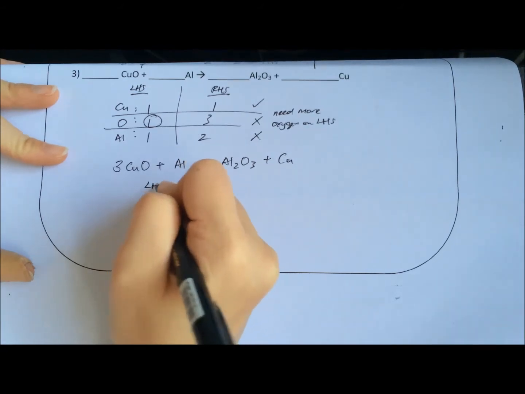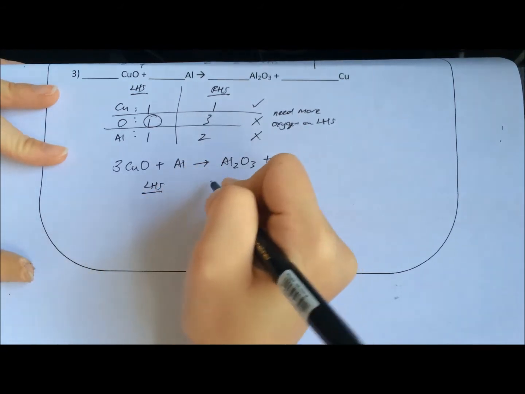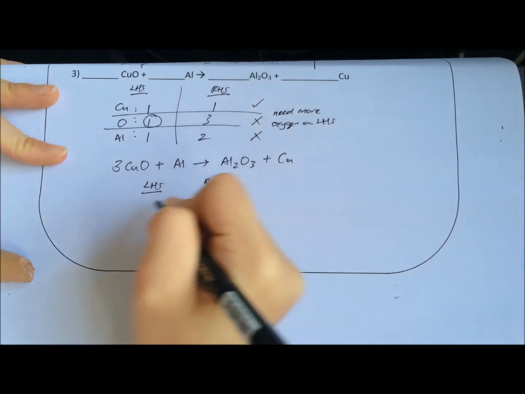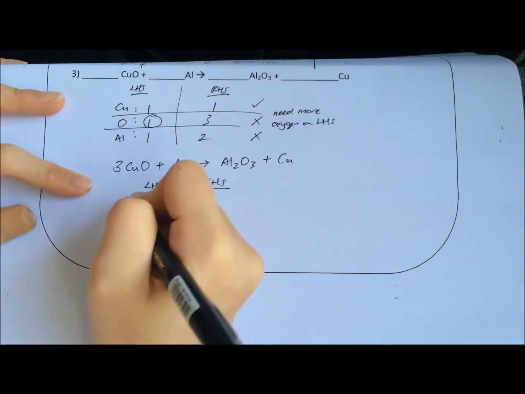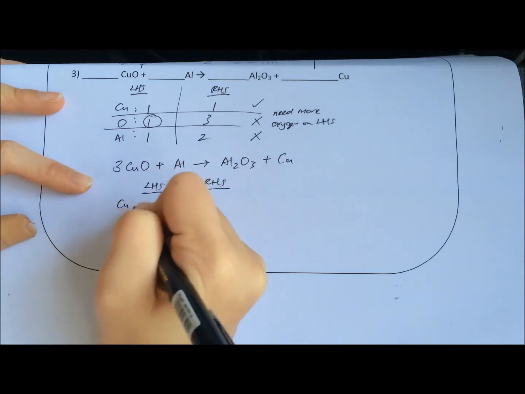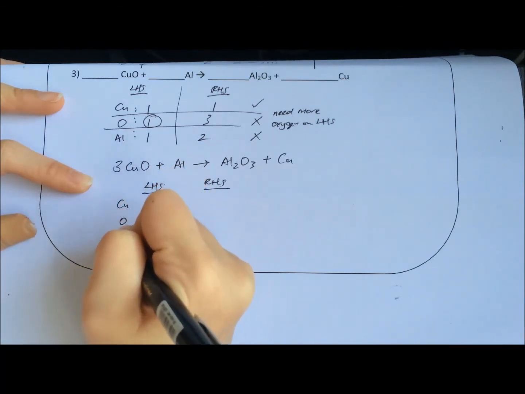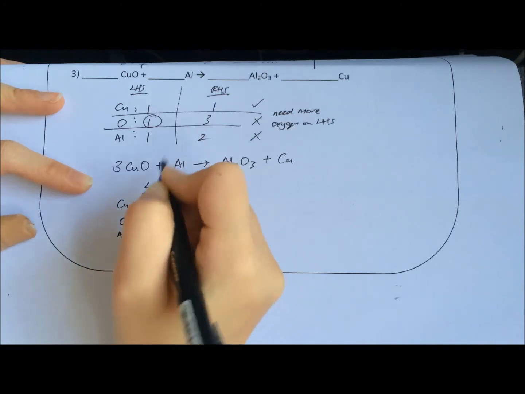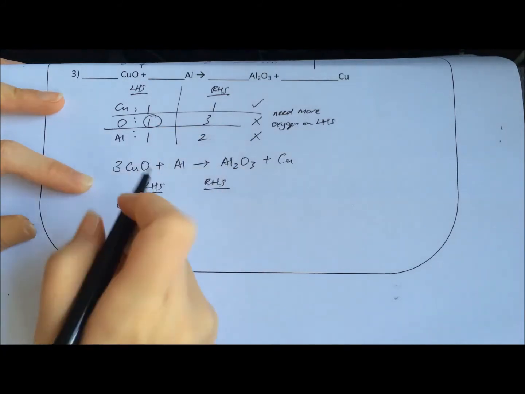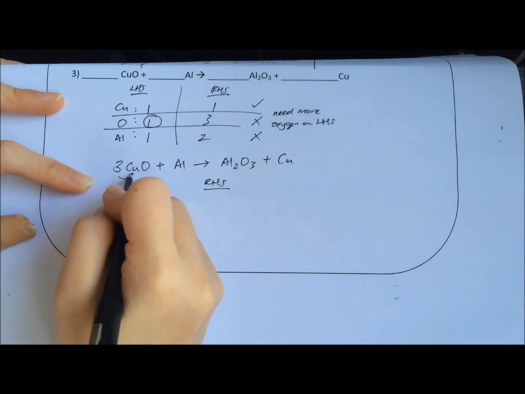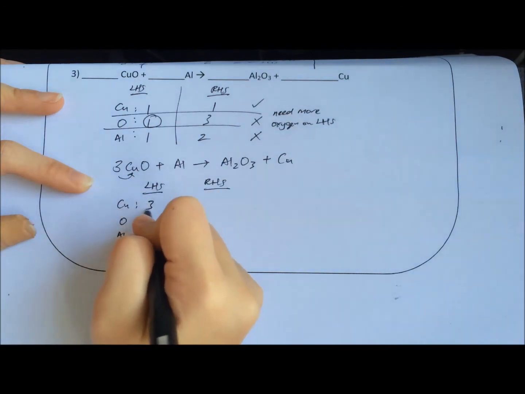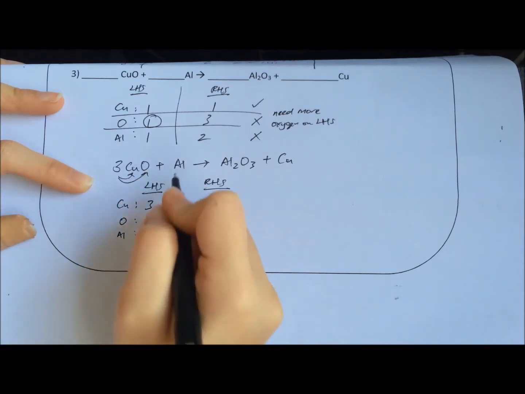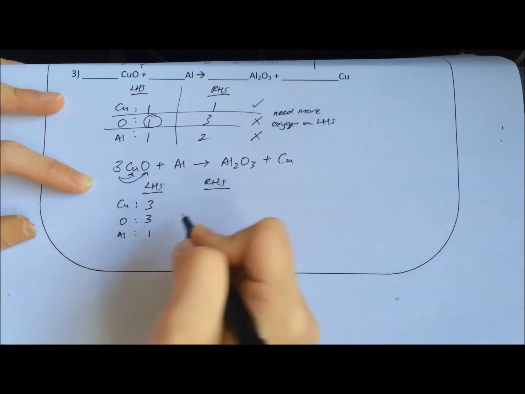So now let's count again. Left hand side, right hand side. You write Cu, O, Al. So Cu, now we have 3 Cu. Number in front belongs to the whole thing, so 3 Cu. Oxygen, now we have 3 oxygen. Aluminium, we still only have 1.